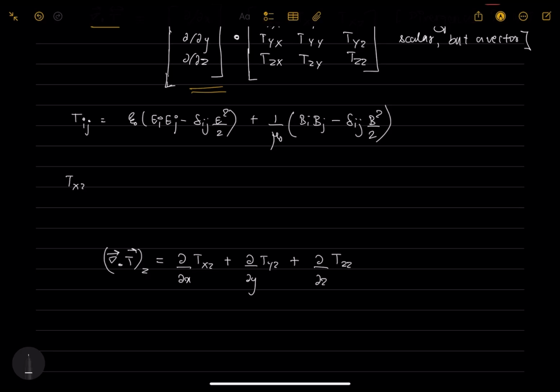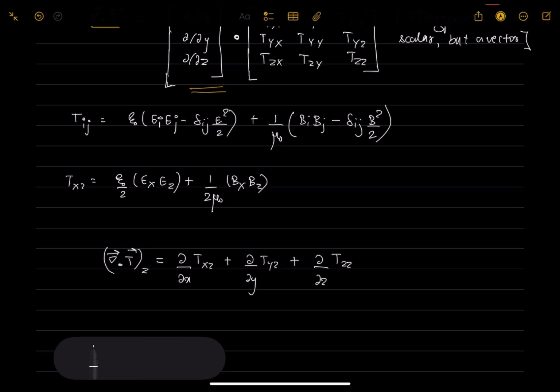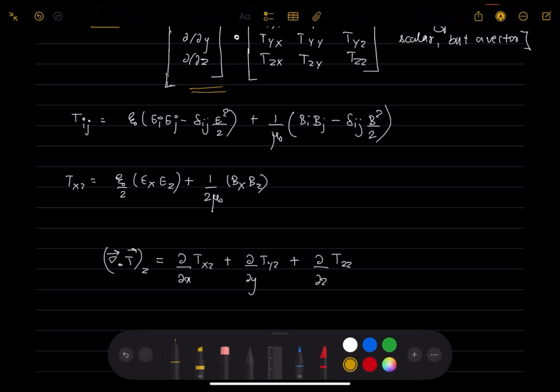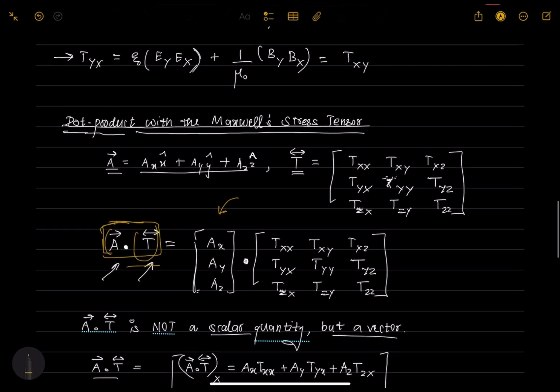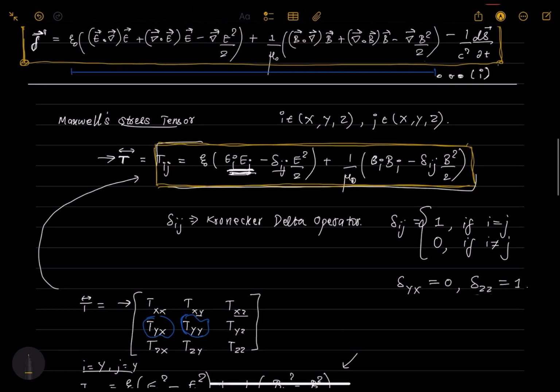Txz is not that complicated. We already know what Txz is. Txz is just going to be epsilon naught times ExEz plus 1 over mu naught times BxBz. I think we already noticed the symmetry between E and B in the definition of the tensor.